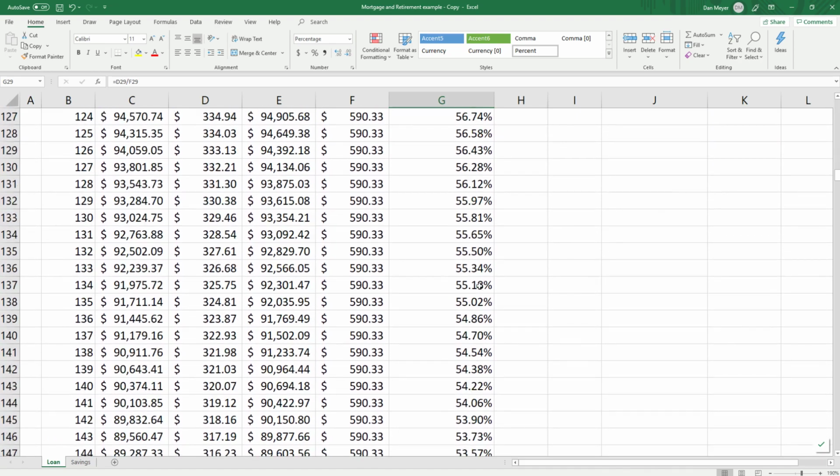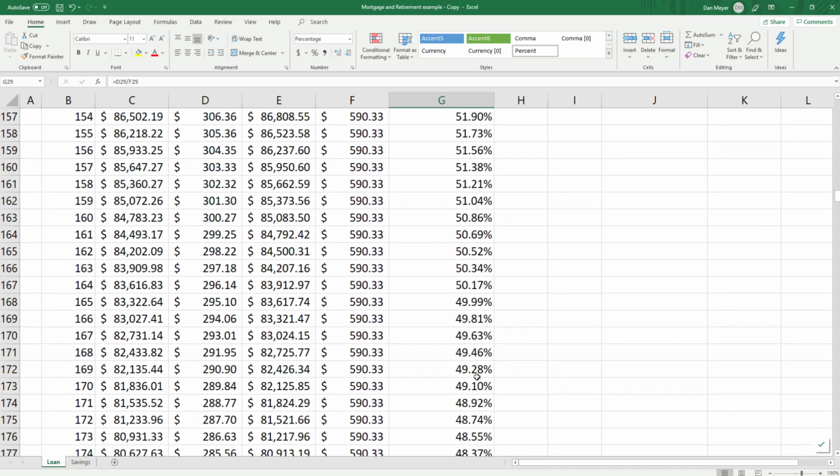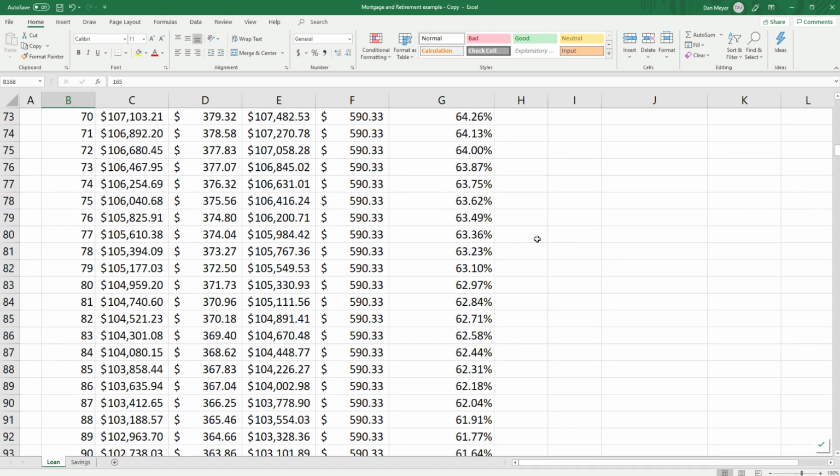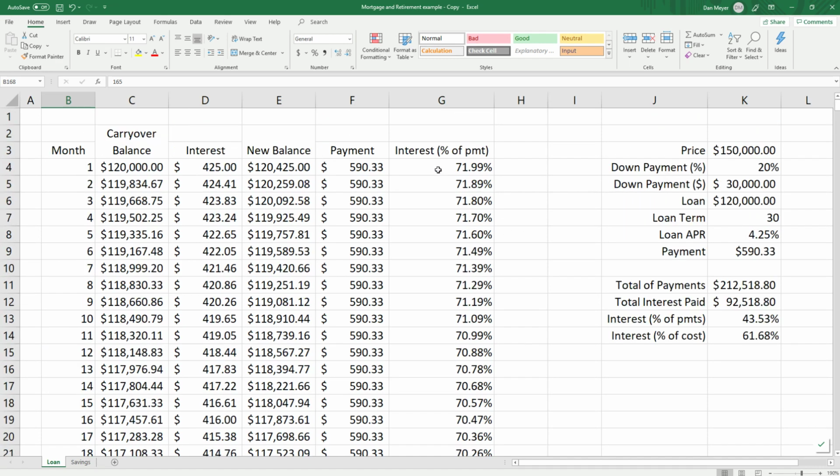It doesn't dip below the halfway mark until month 165. All right, that is how many months? That's like 13 or 14 years into this mortgage. Almost halfway through this mortgage, interest is more than half of the payment.